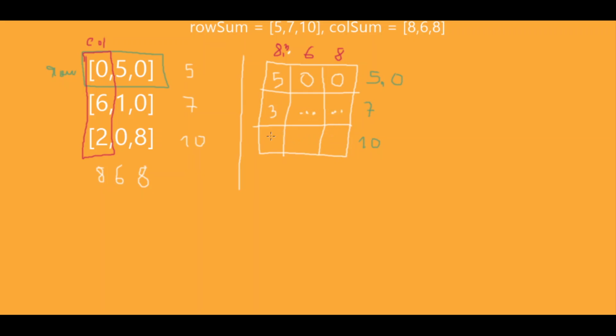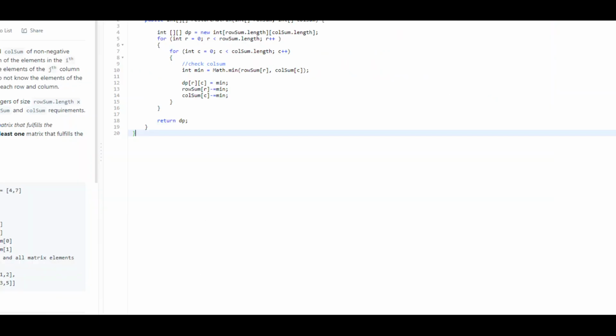It is kind of a standard DP problem, and it is not very off the hook. It's easy to understand. The code is also very simple.